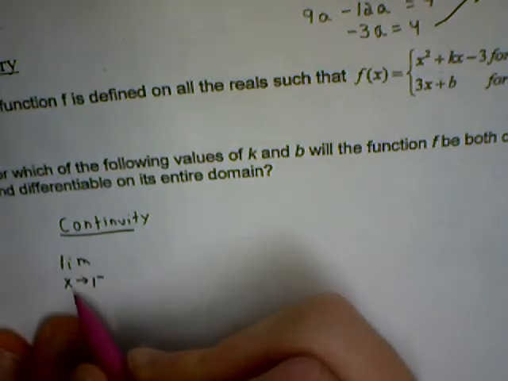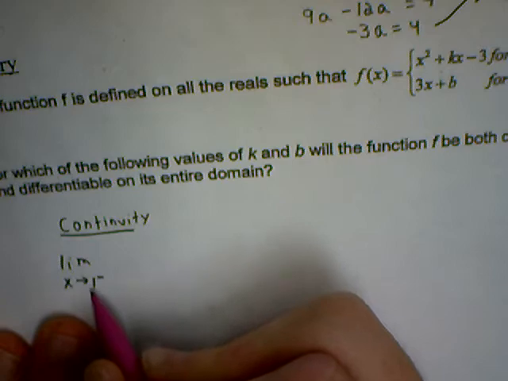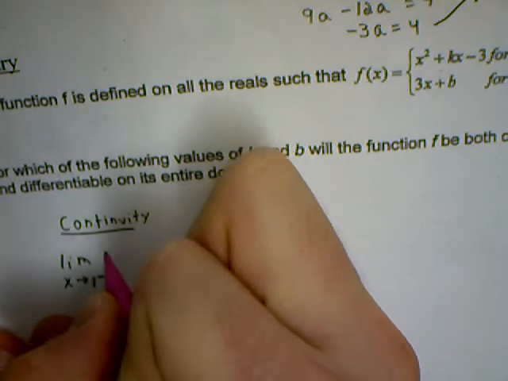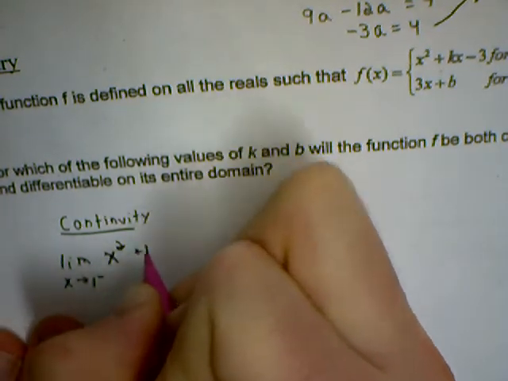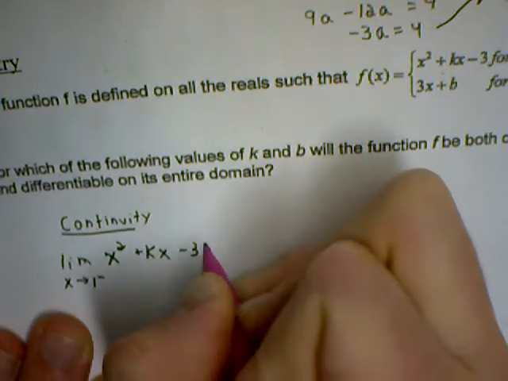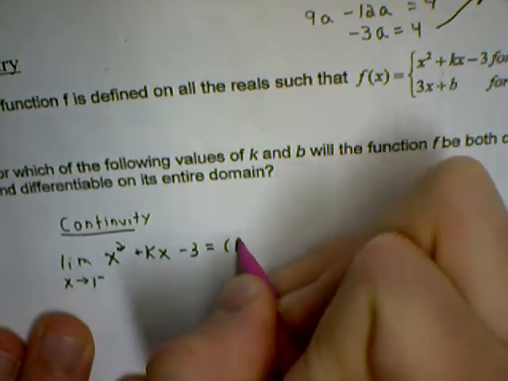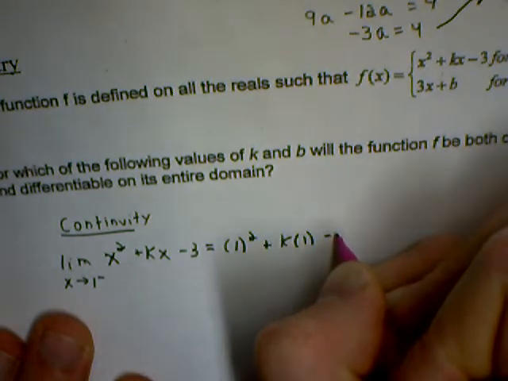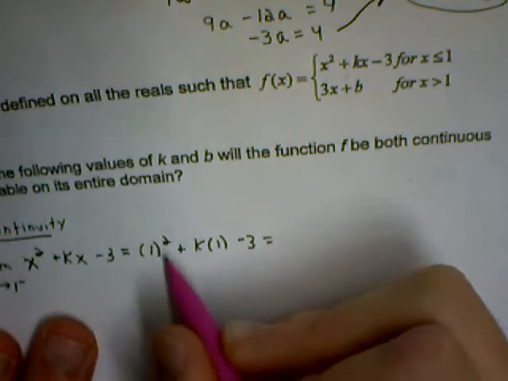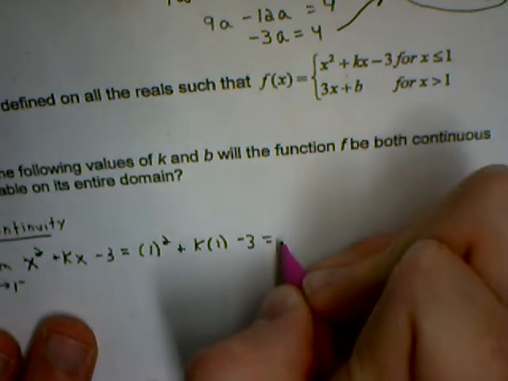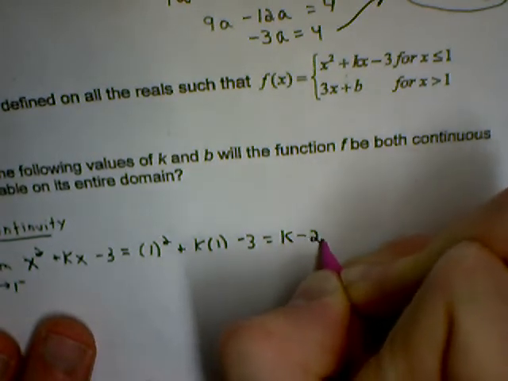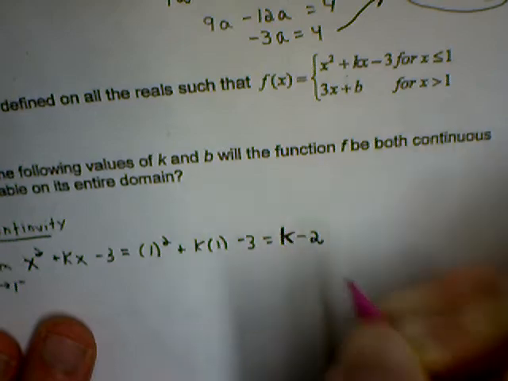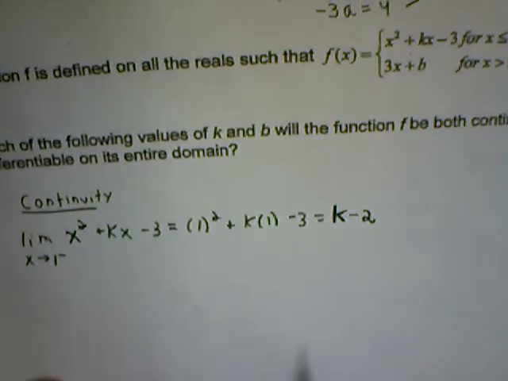So I'm going to take the limit as x approaches 1 from the left of x squared plus kx minus 3, plug in 1, and I get 1 minus 3 is negative 2, so I get k minus 2. Same idea, just different variables.